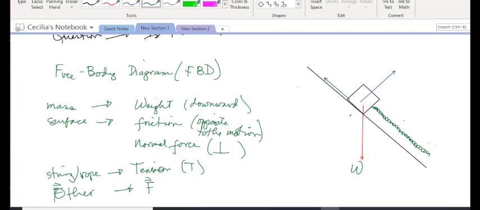There is also a surface, so there must be friction. Let's label this as friction F. And the normal force exerted by the surface is always perpendicular to the surface, so since this is the surface, our normal force is in this direction.